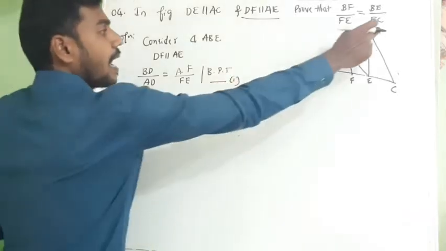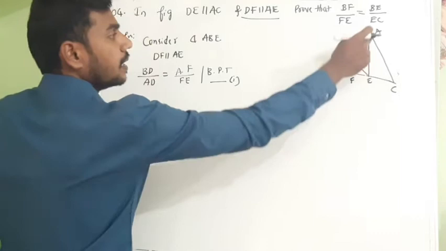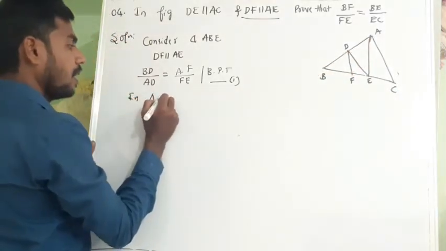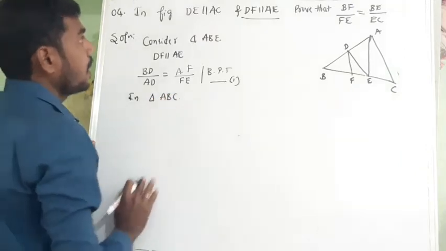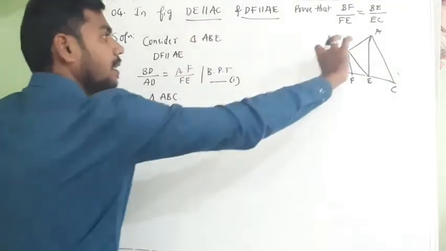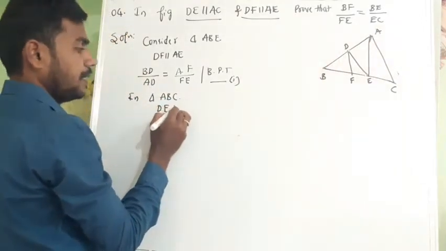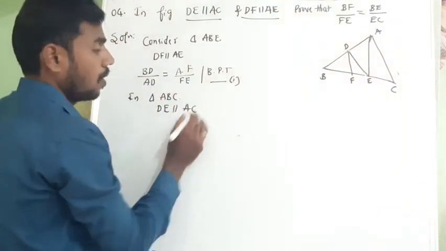Next, in triangle ABC, what is parallel? DE is parallel to AC. DE is parallel to AC. Okay.